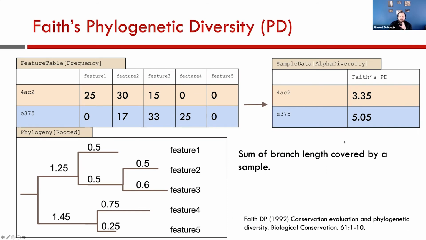So just in general, phylogenetic measures are often more useful because they do take into account, especially with microbial ecology, the complex relationships, and we'll see in a second here with UniFrac.